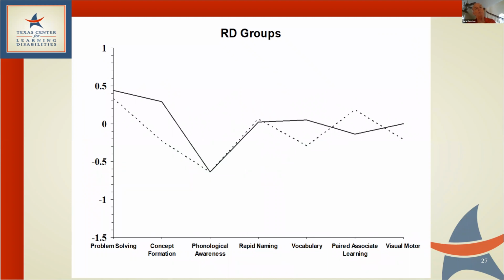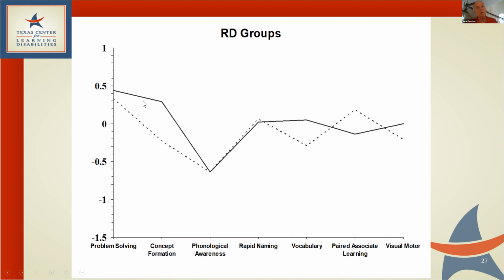This is what happens if you take the reading disabled groups. I've added kids with comorbidity here, and I compare kids that have IQ achievement discrepancy, which are here, and kids that are simply low achievement in reading. The difference in IQ is the difference between 0 and 1. That's a standard deviation.